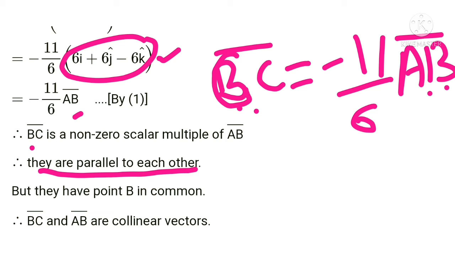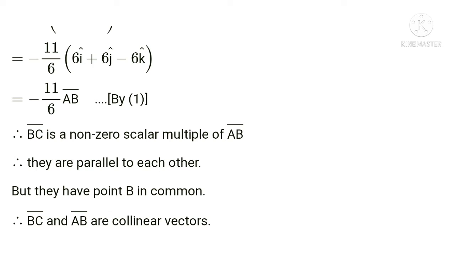So BC bar and AB bar must be collinear vectors. For collinearity, you have to prove that all three points are collinear, meaning one vector can be expressed as a scalar multiple of another, and if one point is common, then we can say that these two vectors are collinear.